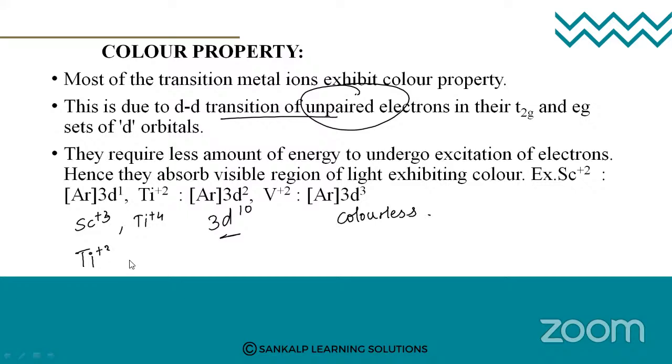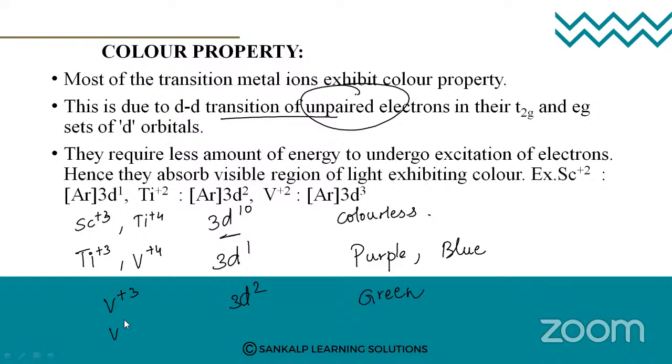Then titanium +3 and vanadium +4 will have 3d1, and it is purple or it will show blue color. Then vanadium +3 shows d2 and the color of the complex will be green. Then vanadium +2 and chromium +3 are 3d3 and the color is violet.